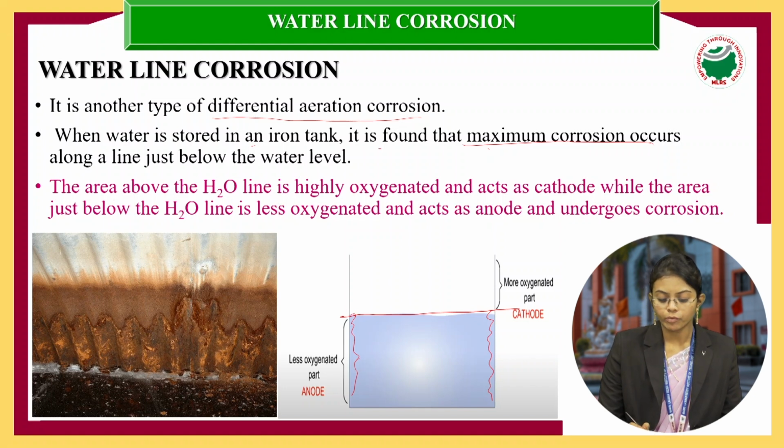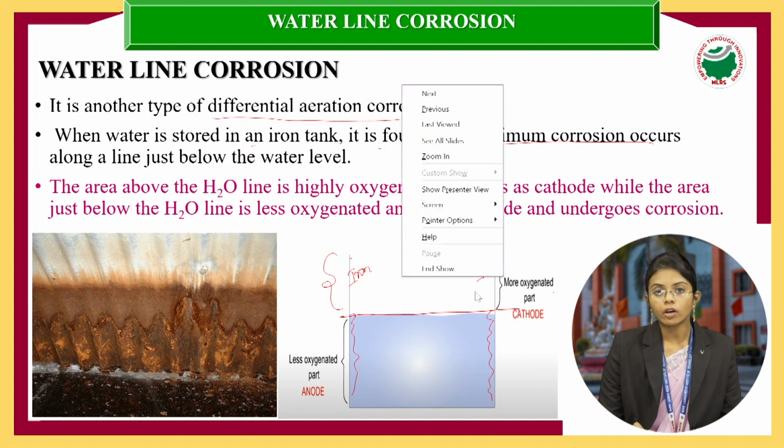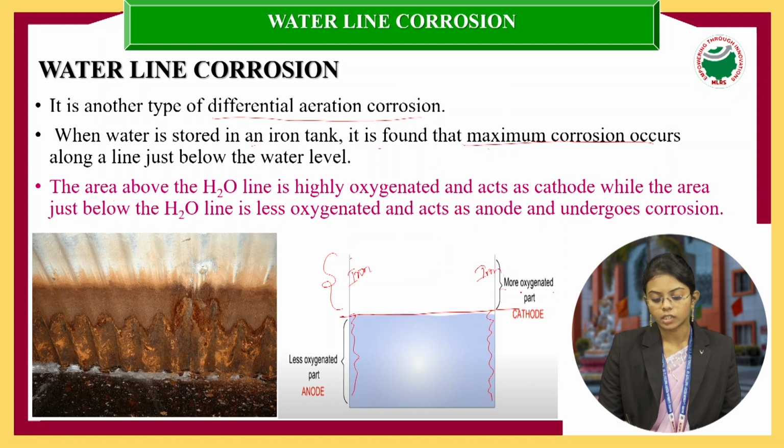Now we have two differential aeration areas. One part is more oxygenated, that is not in contact with the water. This is also your iron metal, right? So this iron metal which is not in contact with the water will be more oxygenated, and that acts as your cathode.